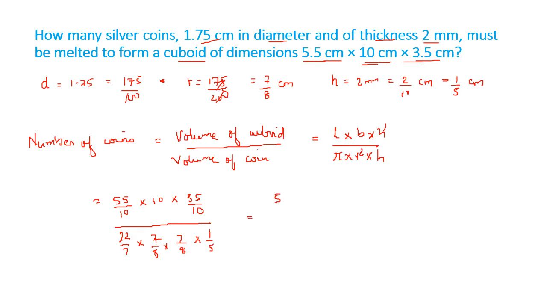Now we get 55 upon 10 into 10 into 35 upon 10, and the denominator goes in numerator, we get the reciprocals into 7 upon 22 into 8 upon 7 into 8 upon 7 into 5.